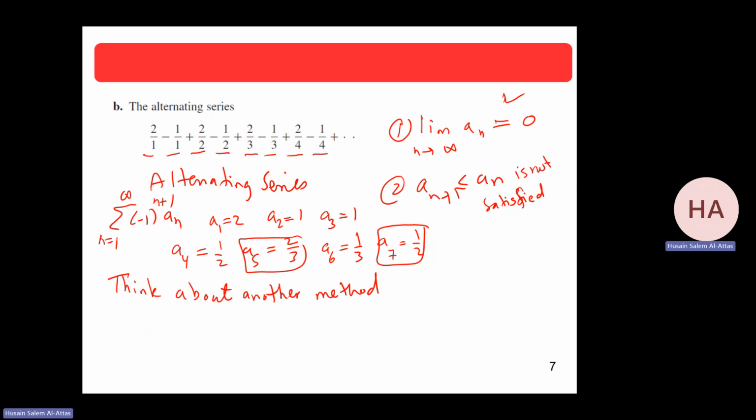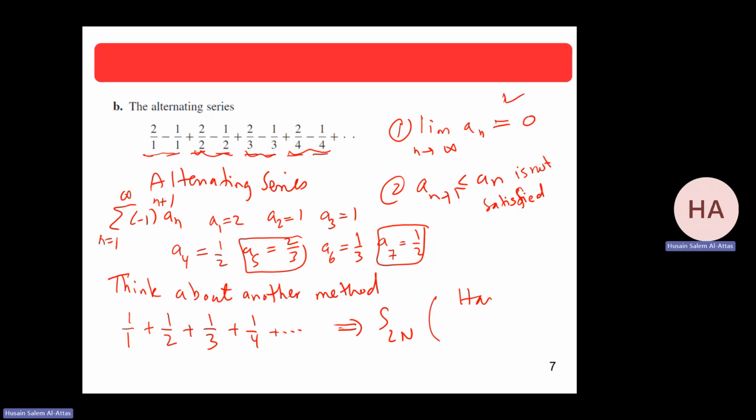And I notice what? This one will be 1, and this one will be half, and this one will be 1 over 3, and this one will be 1 over 4, and so on. So the partial sum S_n will give me what?